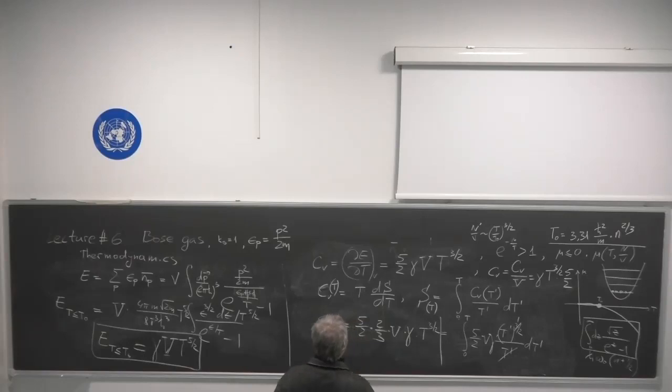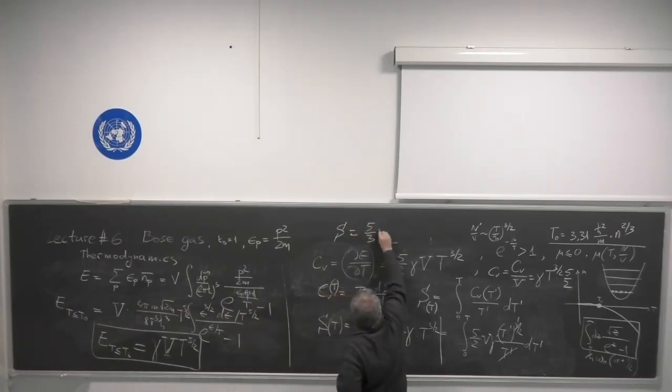Okay, so the entropy is equal to 5/2 gamma times volume times temperature to the power 3/2.